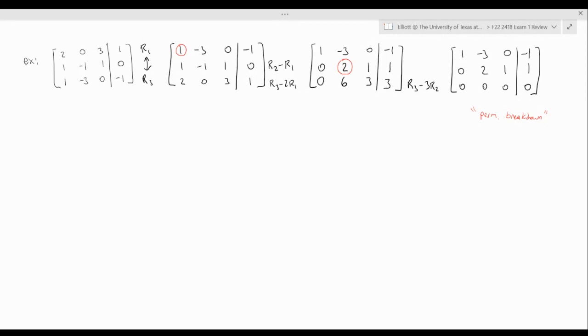But if you get a row of zeros, that's a permanent breakdown, because no matter how you try to swap the rows, you always have that row of zeros there. So you're always going to have a 0 in the pivot position, okay? So when you have a permanent breakdown, that's an indication that you will either have infinitely many solutions or you'll have no solution, okay?